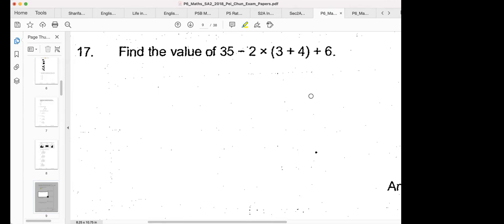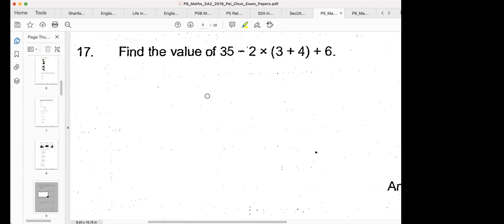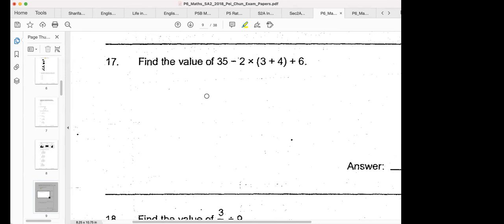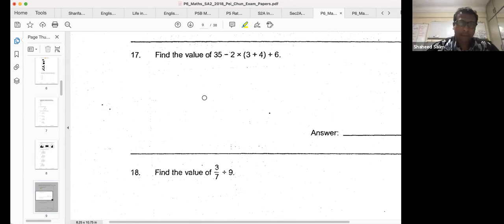Okay, never mind, we do together first. It's actually easy, right? Don't worry, it's easy. Well done to Akil and Izzat. You do the next one, 18, while I and Shakil will do this one.